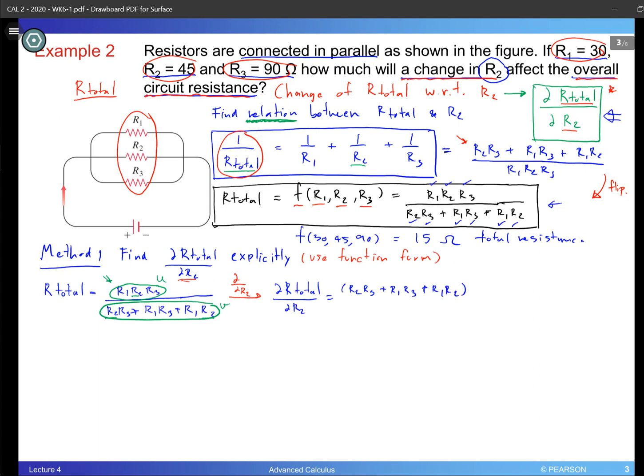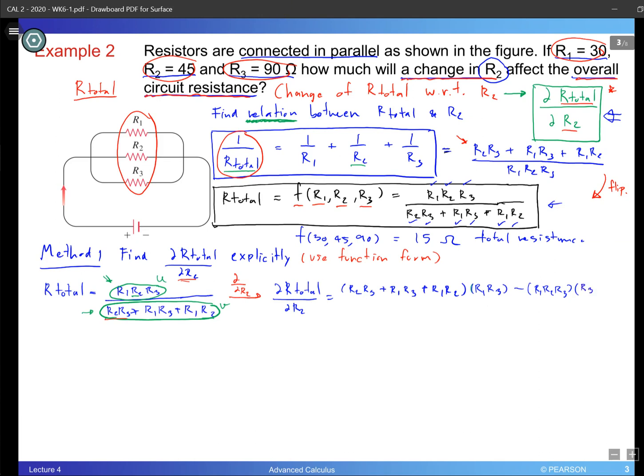You diff that, R2 goes away, and we have R1 and R3 left. And here minus u dv. U is going to be R1, R2, and R3. Now I need to diff the denominator term with respect to R2 and treat R1 and R3 as constants. So I diff the first term with respect to R2, R2 goes away, and I have R3 left.